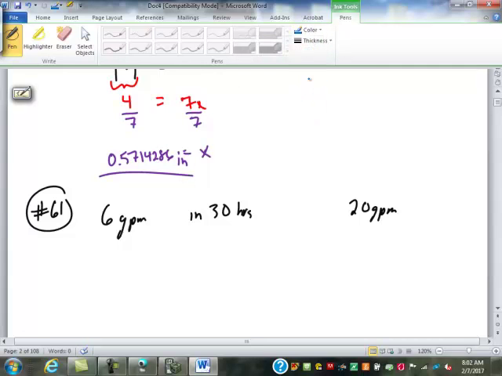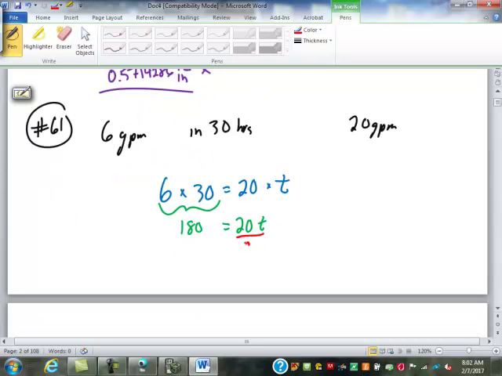So again, it's size times time here. We have 6 gallons per minute times 30 hours equals 20 gallons per minute times T hours. 6 times 30 is 180 equals 20T. Divide by 20.